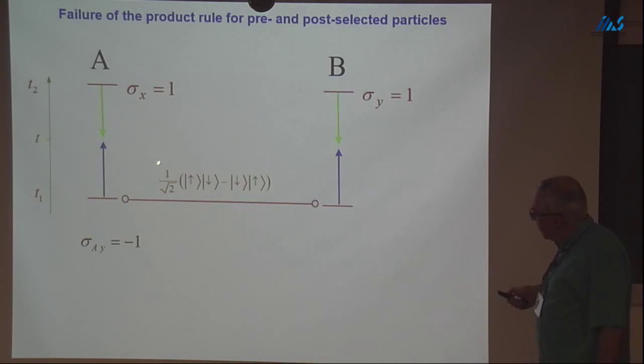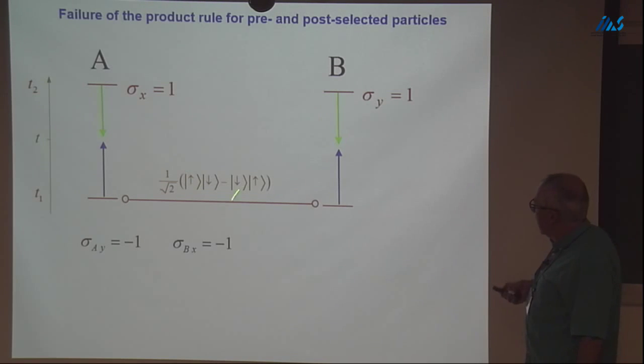If I ask what is the value of spin for A, it means what I will find if the only thing I measure is spin y for this particle. Since this is a singlet and I found y up here, this y should be down. So sigma AY is minus 1.